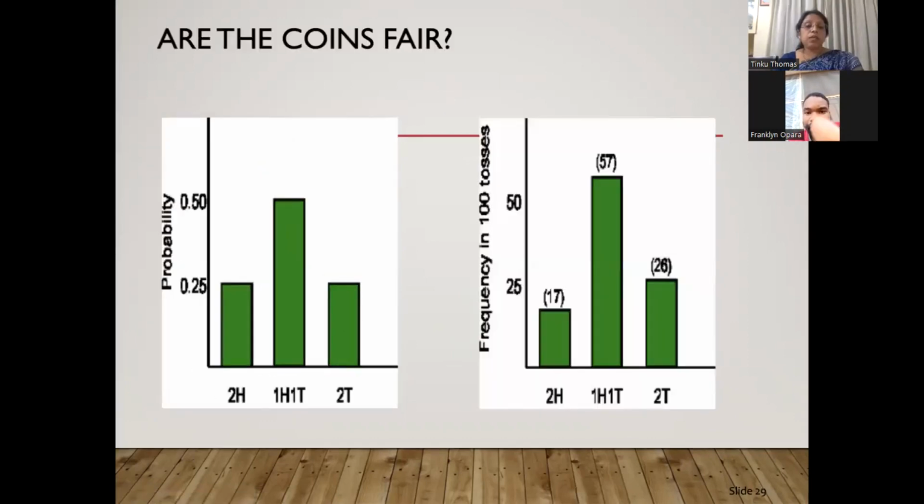Okay. But what we know here is that this particular observed distribution of flipping a coin is actually coming from a probability distribution of 0.25, 0.5, and 0.25. Now we know this, but in biology or in health, when we are doing these studies, we don't know what this is.